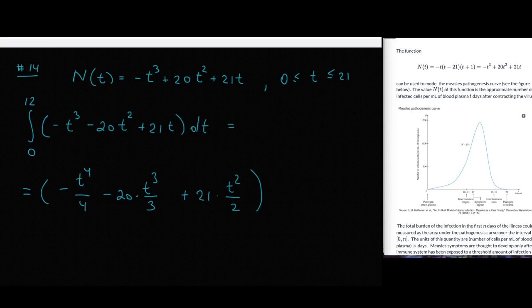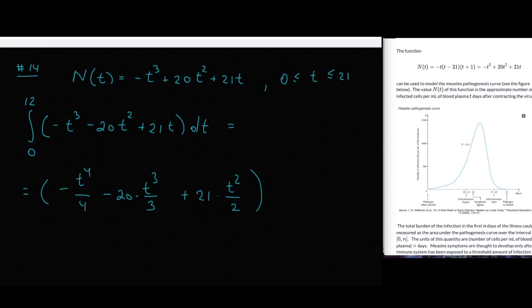Now, what I see a lot of you do is you found this antiderivative, but you still keep that integral sign. That would be incorrect because it would instruct whoever is reading this to further integrate the antiderivative that you just found. And so that's not what we want.